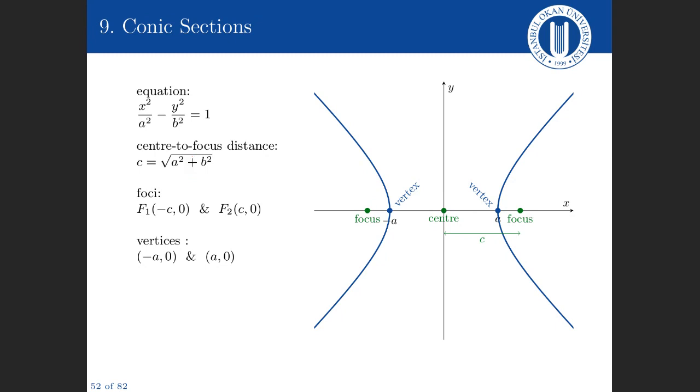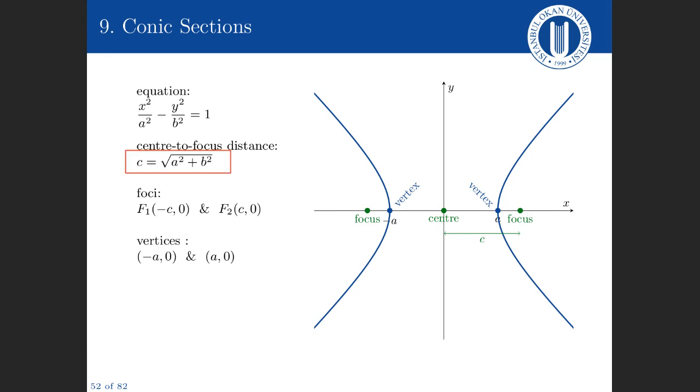For hyperbola, it's a plus sign here, so it doesn't matter if a is bigger than b or if b is bigger than a. And then foci and the vertices are as we expect. Minus c, 0 and c, 0, minus a, 0 and a, 0.